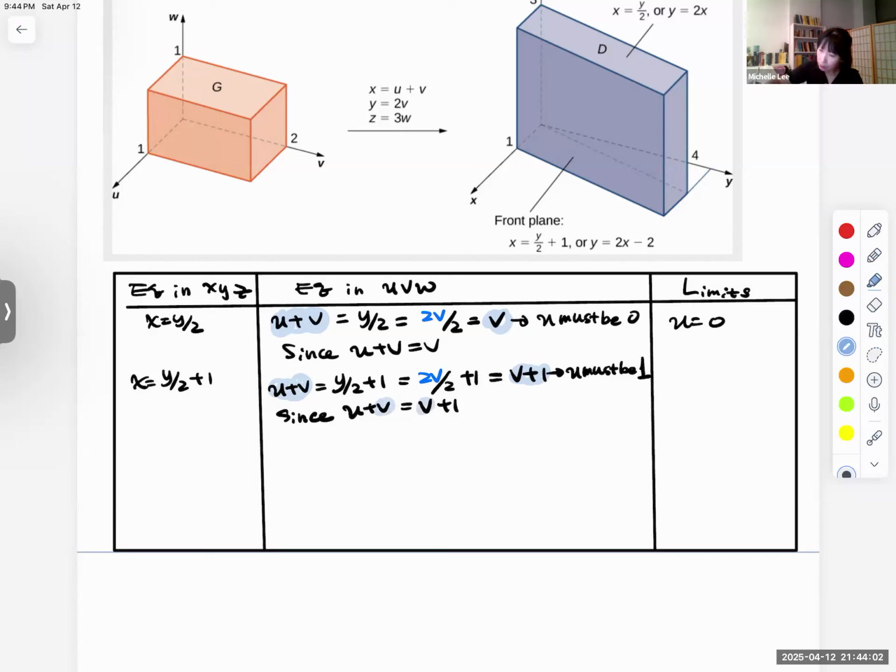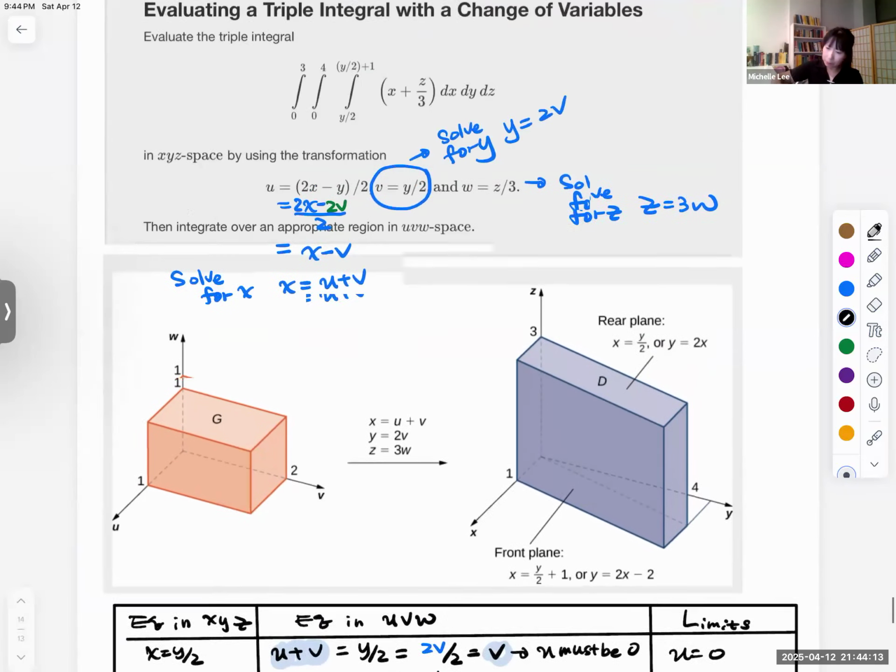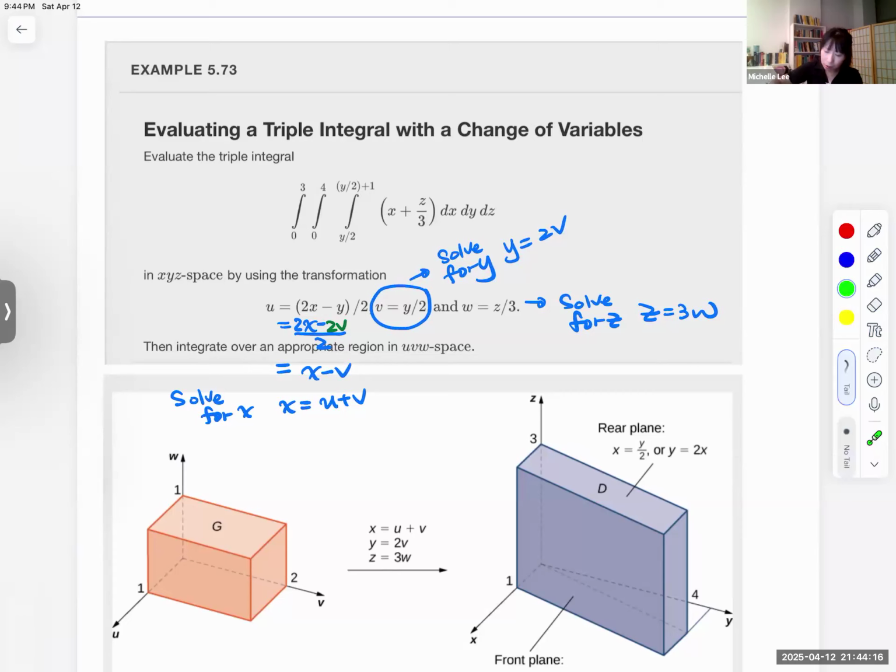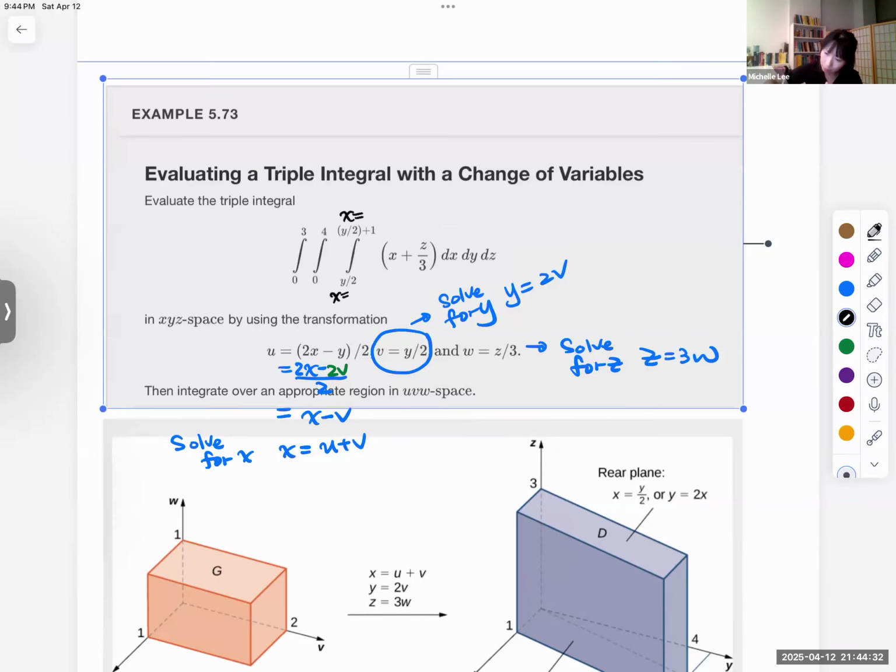So we have an upper limit, u equal to 1, all right? Okay, I did not mention that: I am following the same order here. So this is y, y is 0 to 4, x is 0 to 3, right?